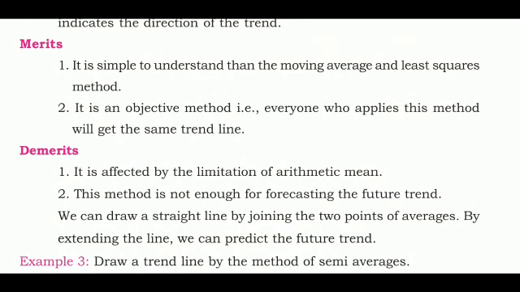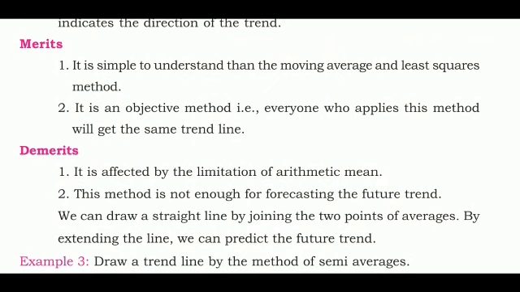And second, it is an objective method. Everyone who applies this method will get the same trend line, so it is not biased because you are using some basic calculations. In the first method, you draw a graph, and the graph changes from person to person. But in this method, you use a few calculations, so most of the time the answers are going to be the same. These are the two merits.